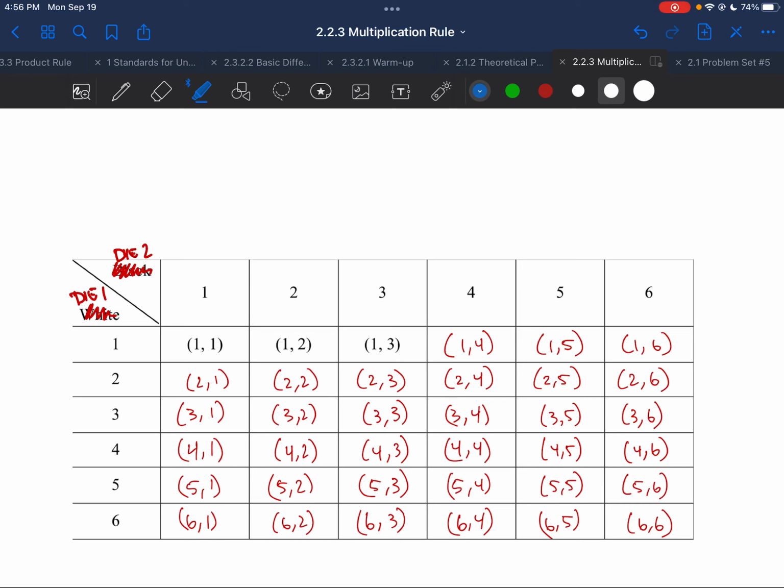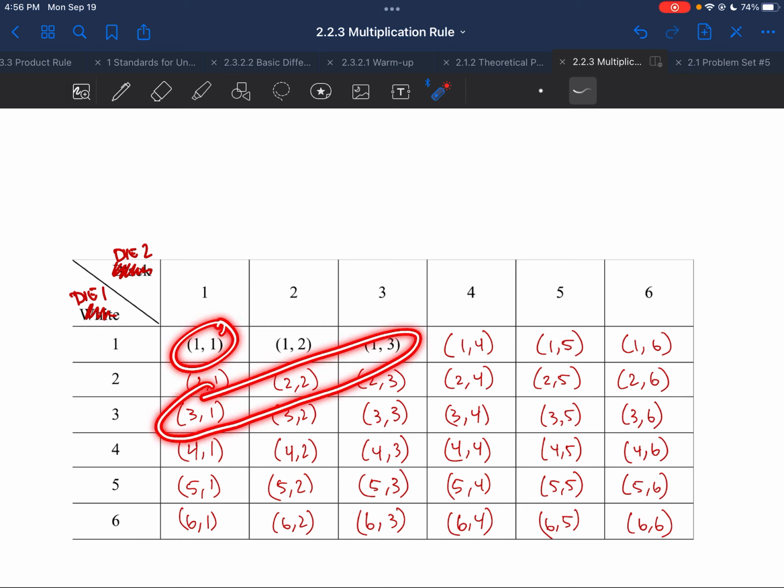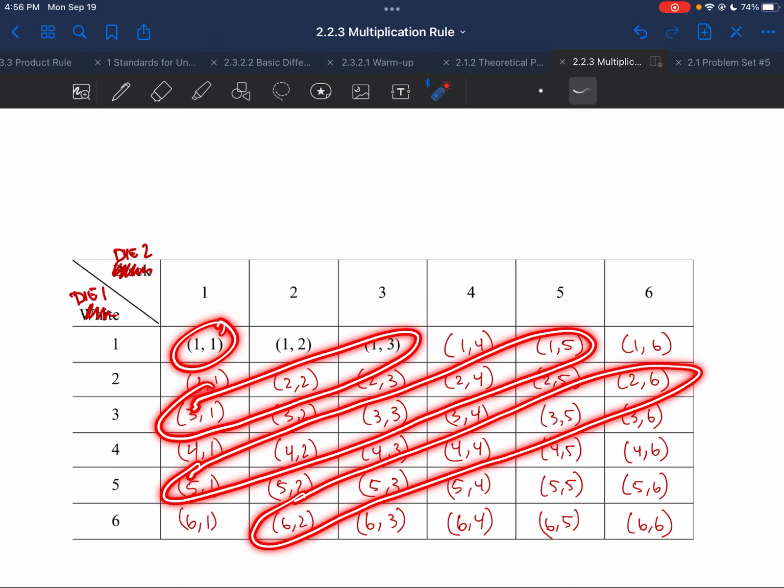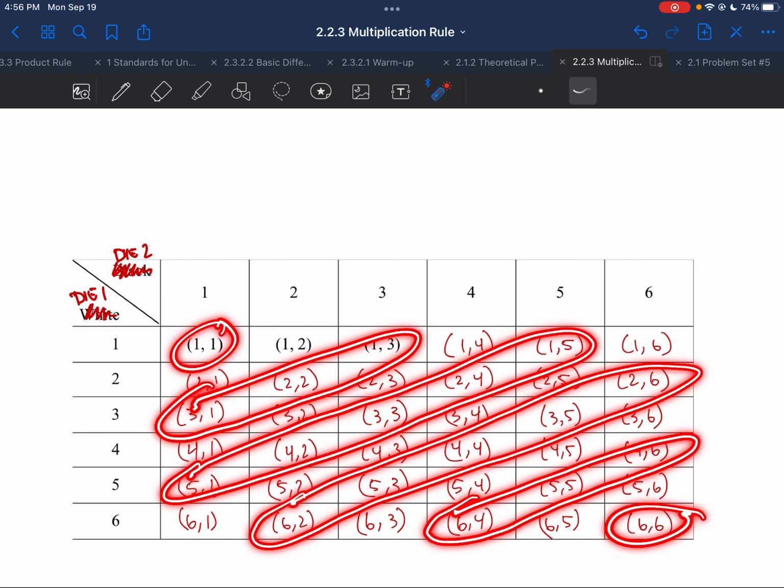That would be anything where we're summing to 2, where we're summing to 4, where we're summing to 6, where we're summing to 8, where we're summing to 10, and 12.